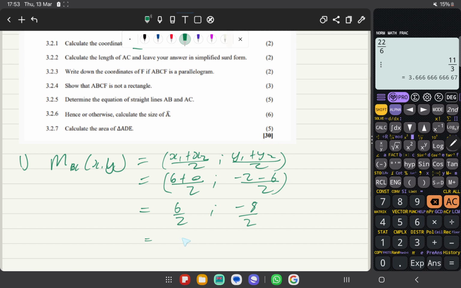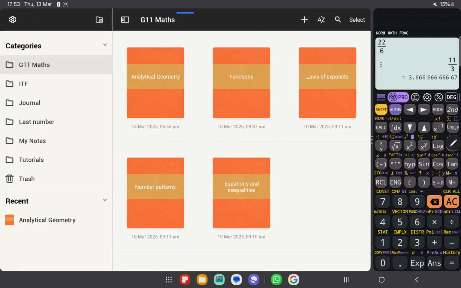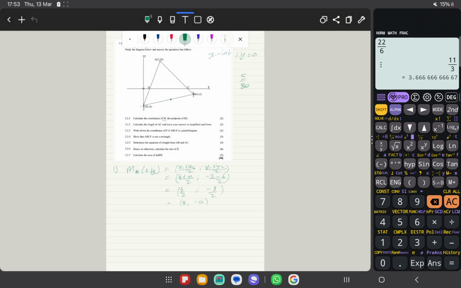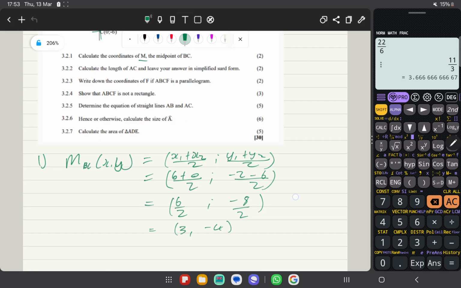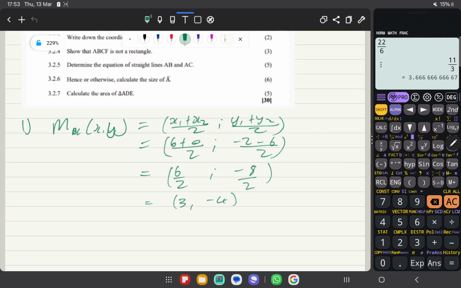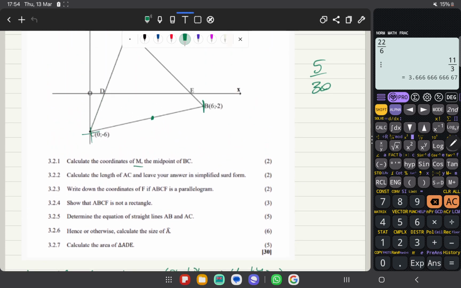That is 3 and minus 4. So this point right here is (3, minus 4), which makes sense in terms of the y value. It's between minus 2 and minus 6. So we have the coordinates of M.